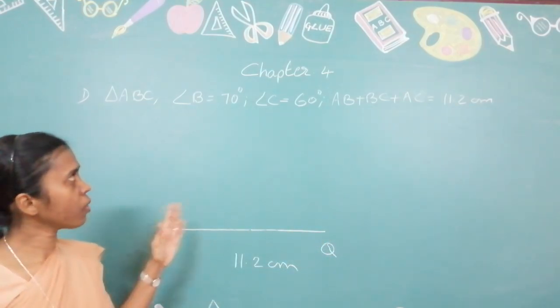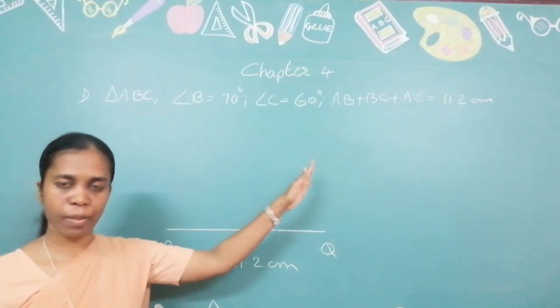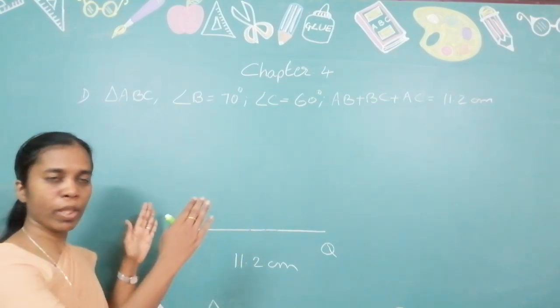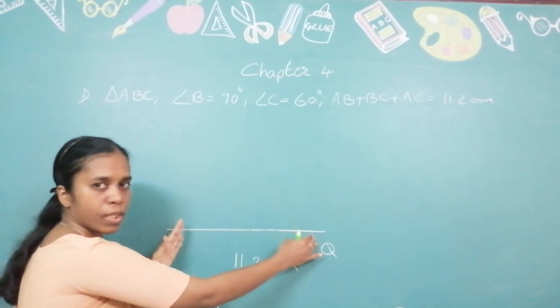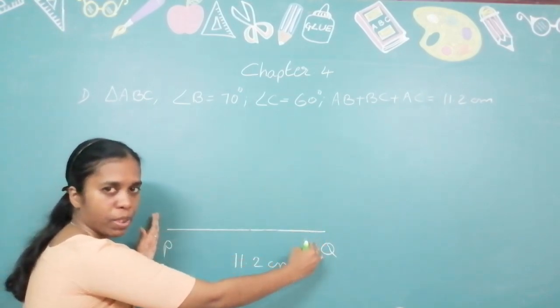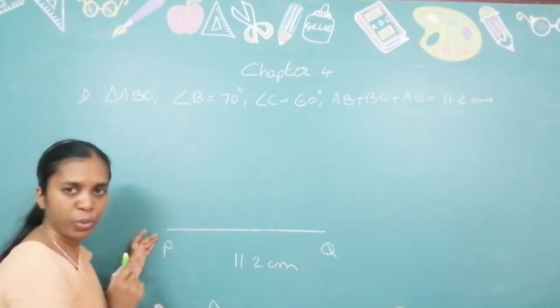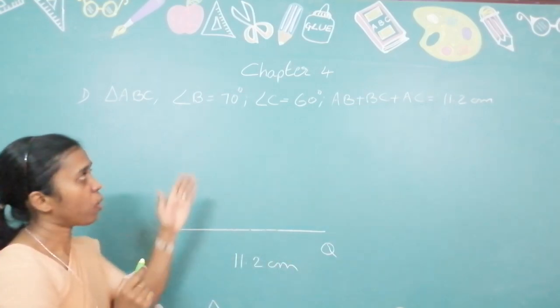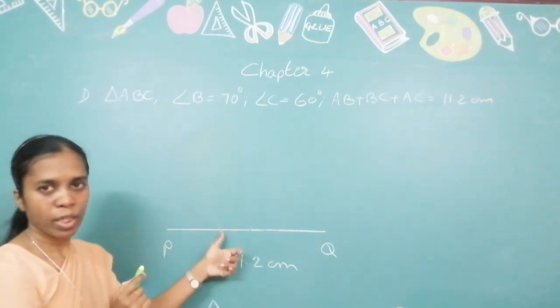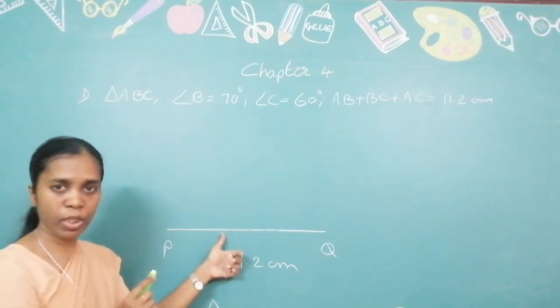Now what is given to us? B and C. When we look at triangle ABC, B will be this side, C will be this side. In this straight line we have P and Q. With what we have been given, we start the construction.